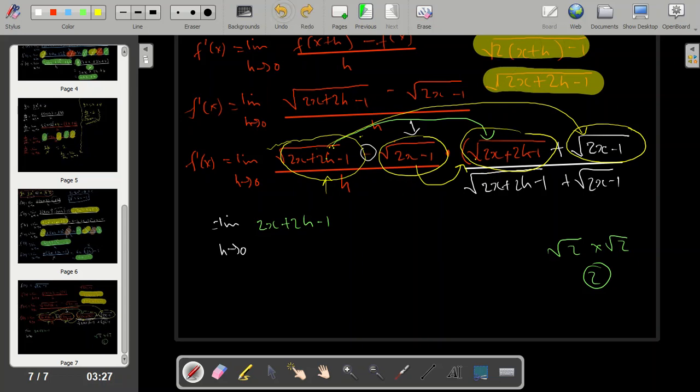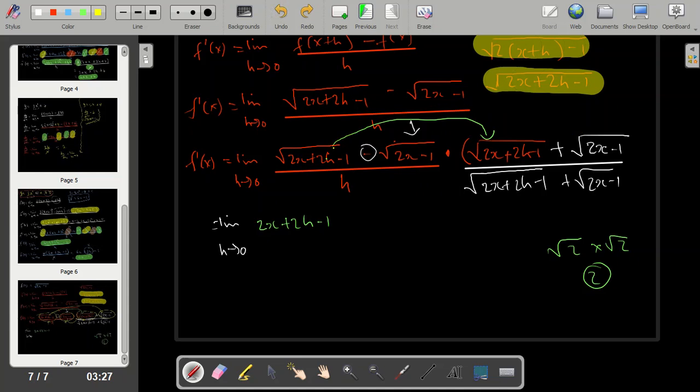So we are now going to say, okay, what we are remaining with is, so now we can multiply that.